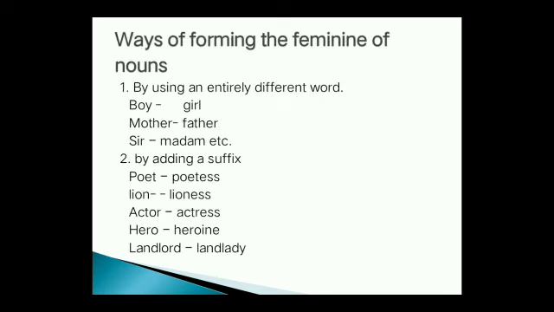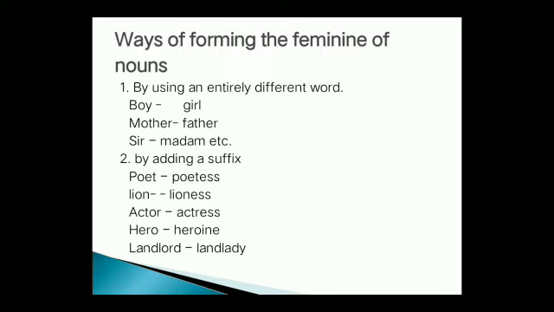Then ways of forming the feminine of nouns by using an entirely different word. For example, boy, girl, mother, father, sir, madam. So these words are entirely different from each other. Then we have one more type in which we add a suffix. Suffix, all of you know, the words which we add after the root word.